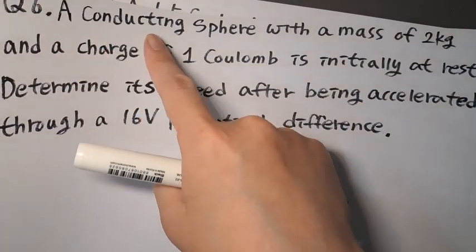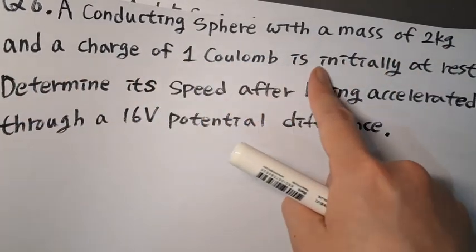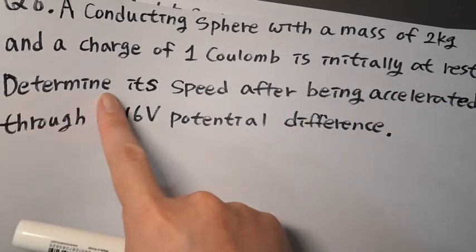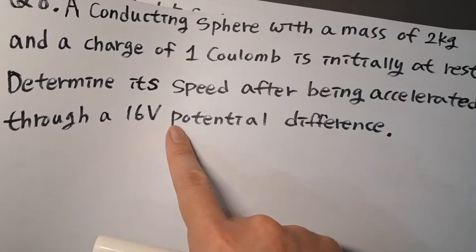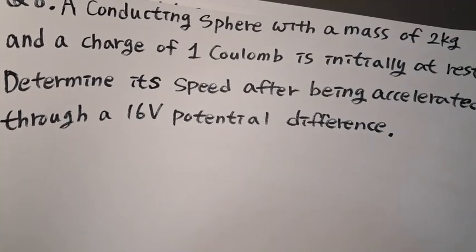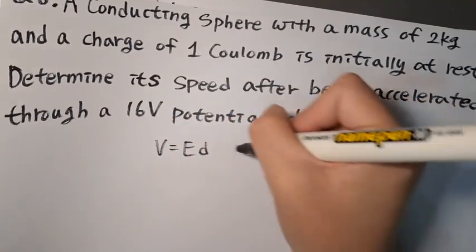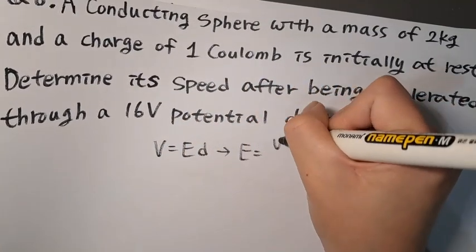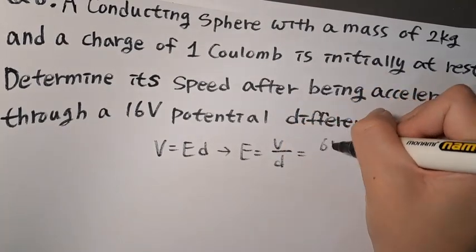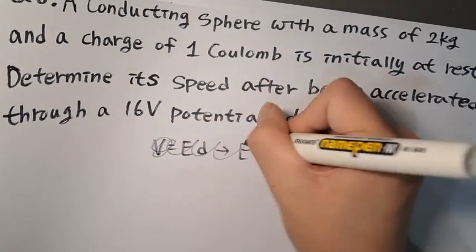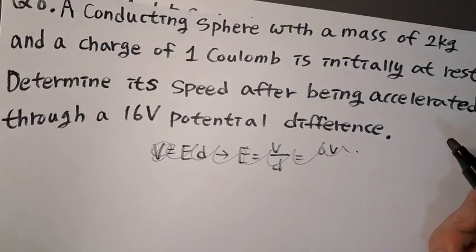A conducting sphere with a mass of 2 kg and a charge of 1 coulomb is initially at rest. Determine its speed after being accelerated through a 16-volt potential difference. So we are going to apply this equation. So this is question 6.